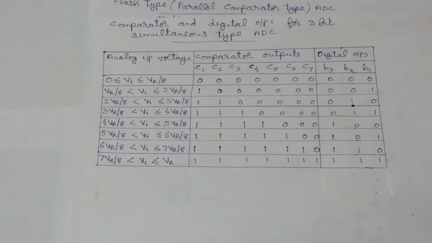So this is a large number, and we require a large number of comparators. In this flash type analog to digital converter, the number of comparators required doubles for each added bit. So it is not suitable for more than 3 or 4 digital output bits.